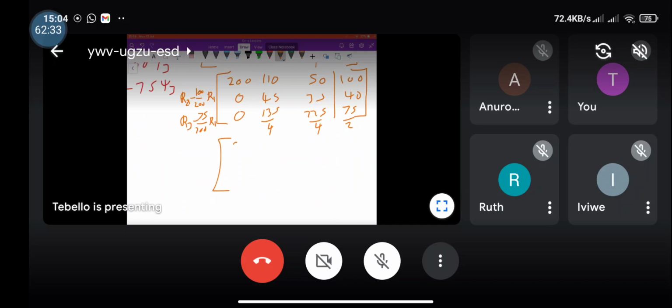And then you go further, see 200 again, 50, 0, 45, 35, 40. So row 3 you're going to say minus 135 over 4 over 45 times row 2. Then you'll have 0.